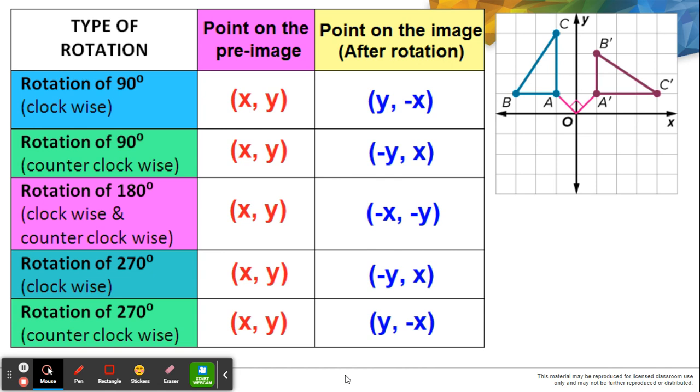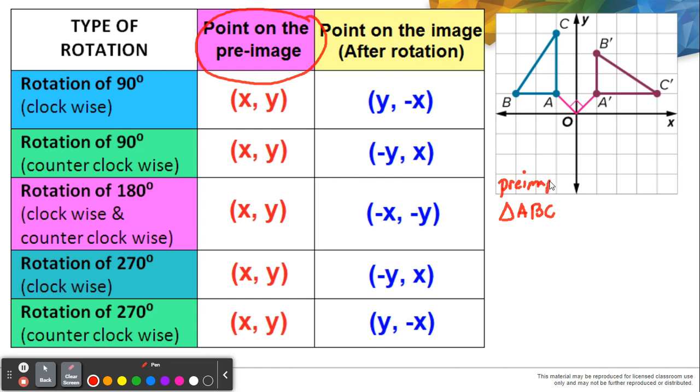Okay, let me give you one quick example. Looking at the image above, we have to write first the ordered pair for our pre-image so that we can check what we are going to use. Let's have our pre-image triangle ABC. This is our pre-image, the blue triangle.